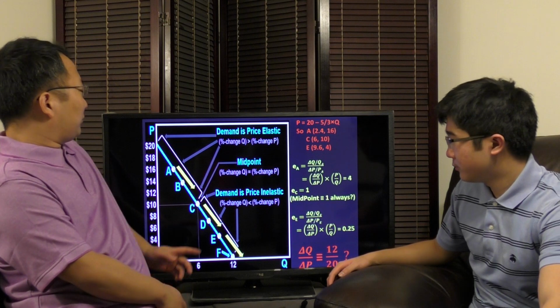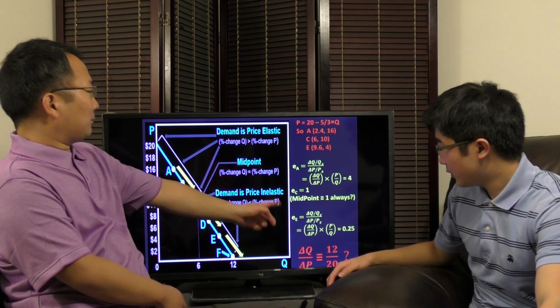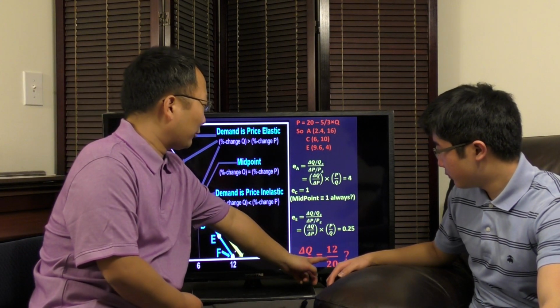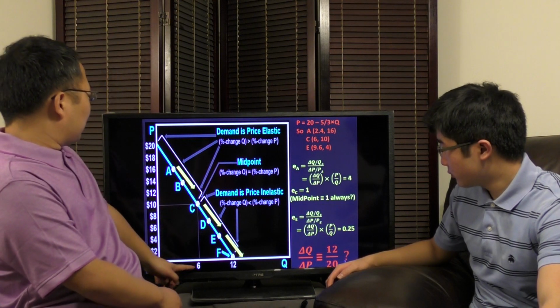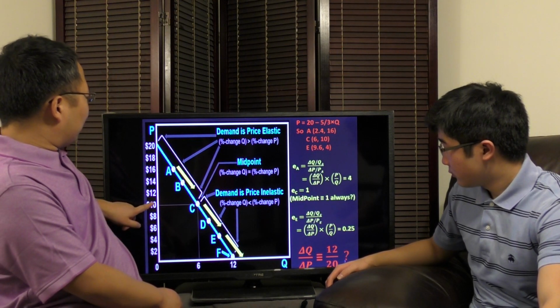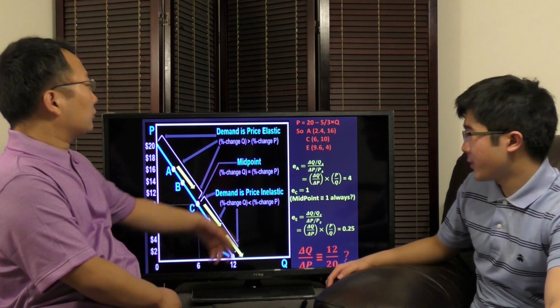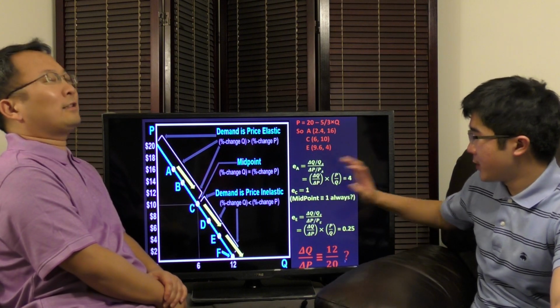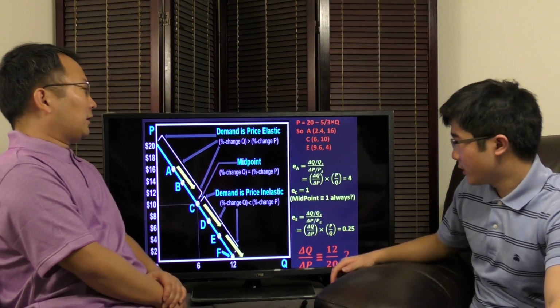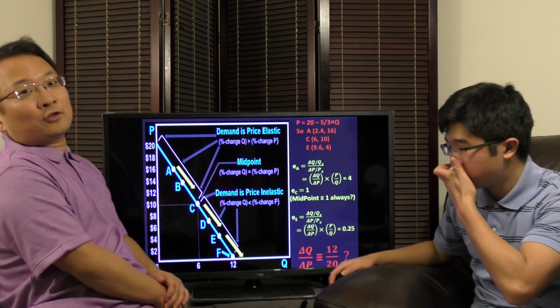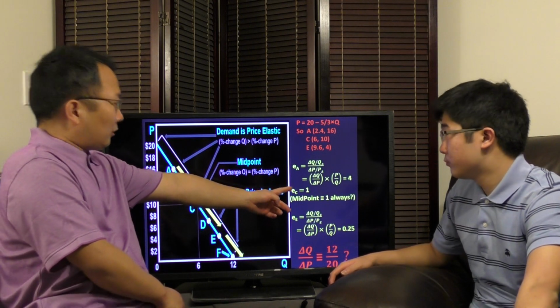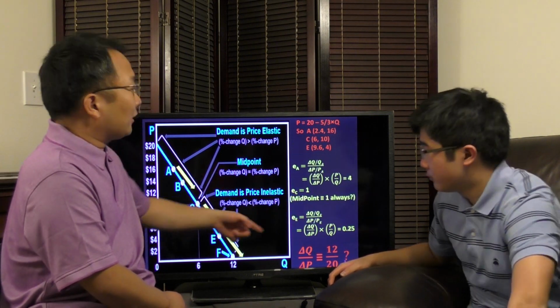We can plug into the formula: 12 divided by 20 times 10 over 6 equals 1, because the two are inverses. It's always unit elastic at the midpoint. Some simple geometry and algebra will deduce that at the midpoint it's always 1.